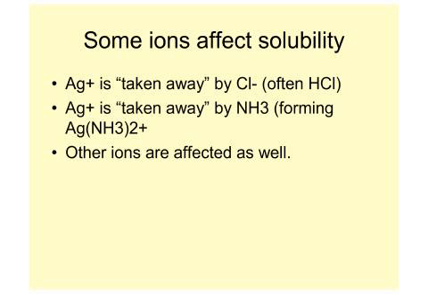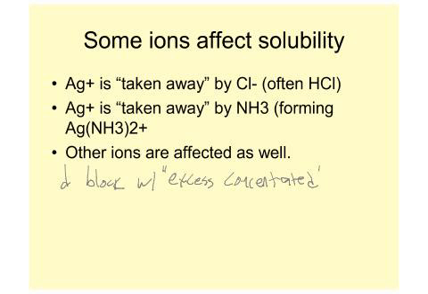So remember, other ions are affected as well, must be D block elements with excess or excess concentrated D block metals, by the way. Electron-rich things, which are always NH3, which I'll add in there, or OH negative. Look at how rich in electrons those are. Okay, and that's what we're looking at.